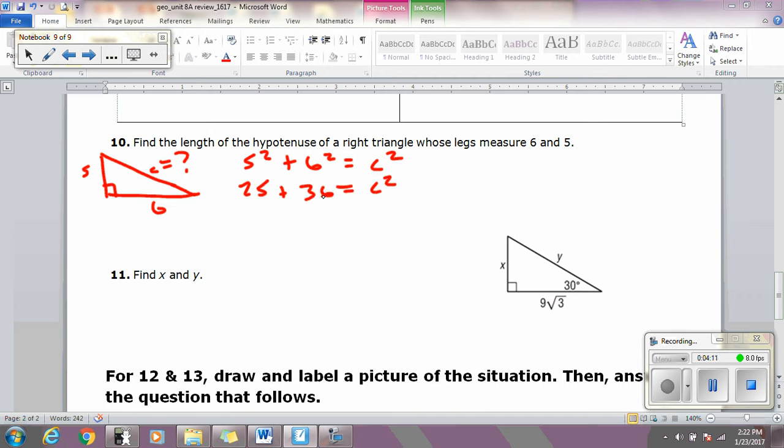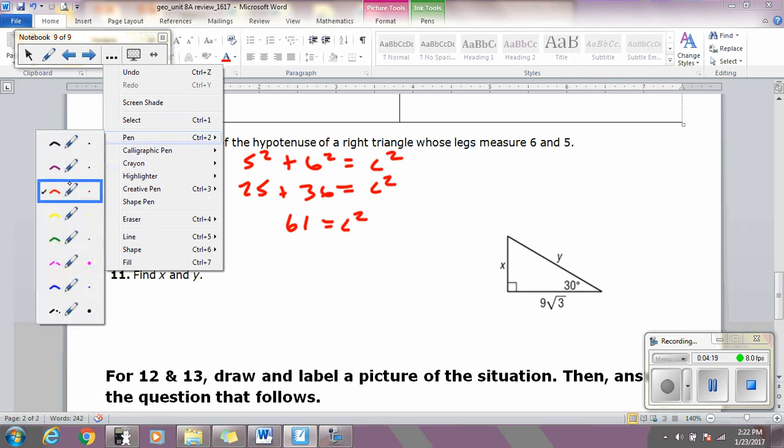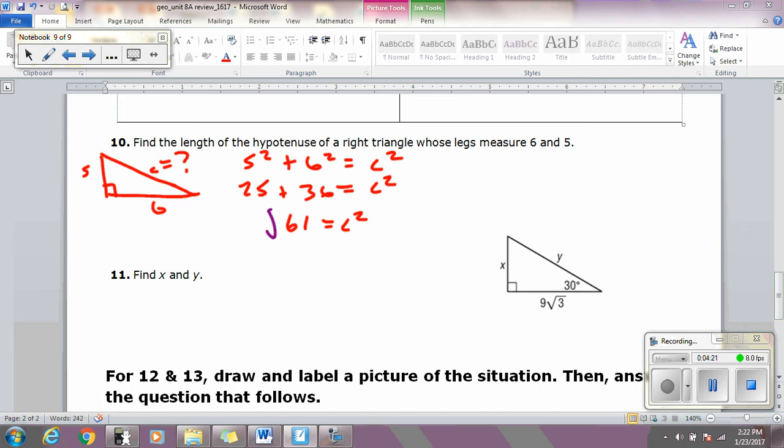Combine 25 and 36, you're going to get 61 is equal to C squared. And then take the square root of both sides. So C is the square root of 61. There are no factors of 61 other than 1 and itself. So the square root of 61 is the exact answer.